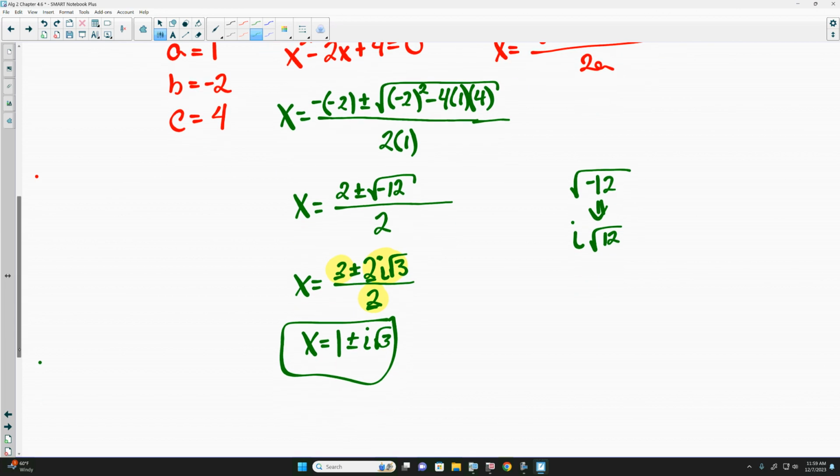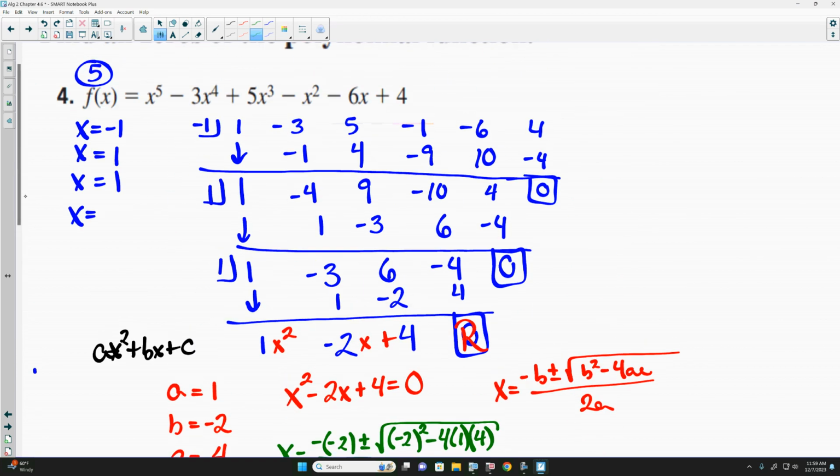And that there is our last two solutions. So all of our solutions were negative 1, 1, and 1 plus or minus i square root of 3. Questions on this here?